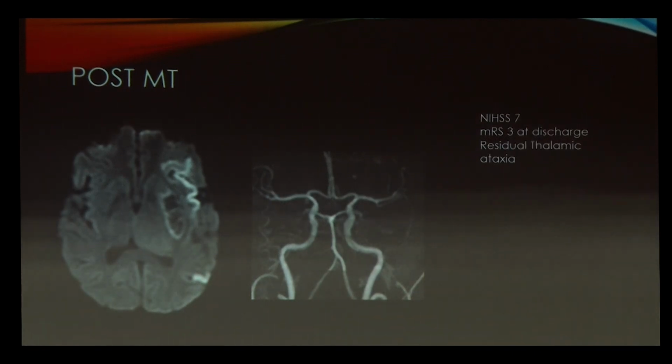The patient had NIHSS 7 and is mRS 3 now. He is walking without support, but with a slight residual thalamic ataxia because of his prior thalamic glioma. We have salvaged the penumbra here, limiting the core, and you can see the post-thrombectomy TOF imaging showing recanalization of the left MCA.